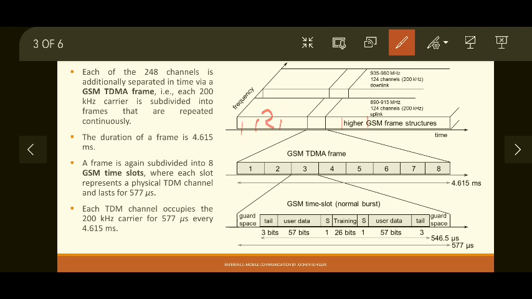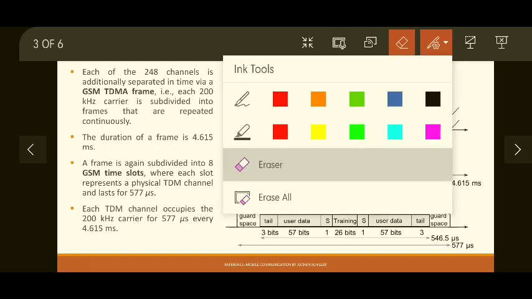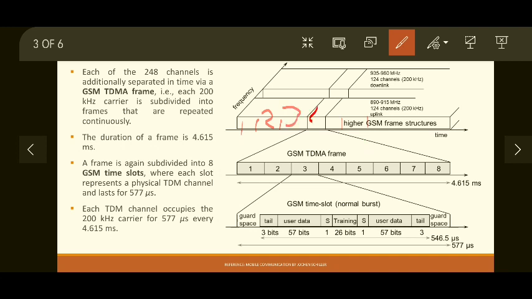So the availability of each frequency channel is divided into different time frames. A number of such frames are combined so that the entire channel will be occupied for 24 hours. The channel is divided into a number of time frames, and each time frame is divided into a number of time slots.